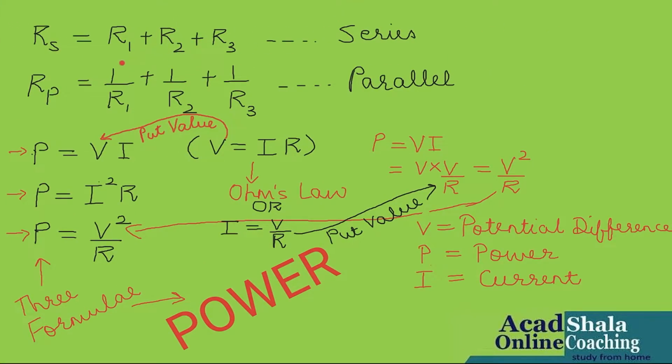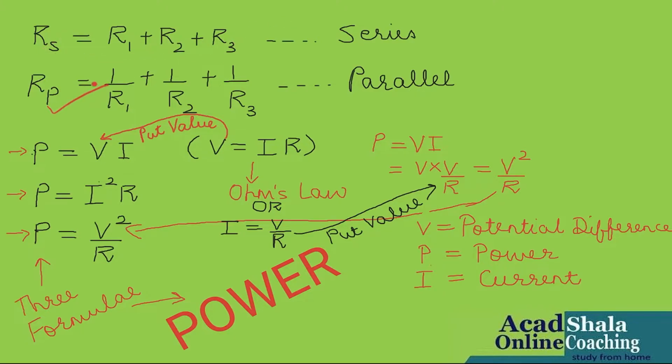If the resistors are in series in the circuit diagram, the formula becomes Rs is equal to R1 plus R2 plus R3. It can be more than 3 resistors, but I have taken 3 to tell you, but it can be more. So this is resistance in series.